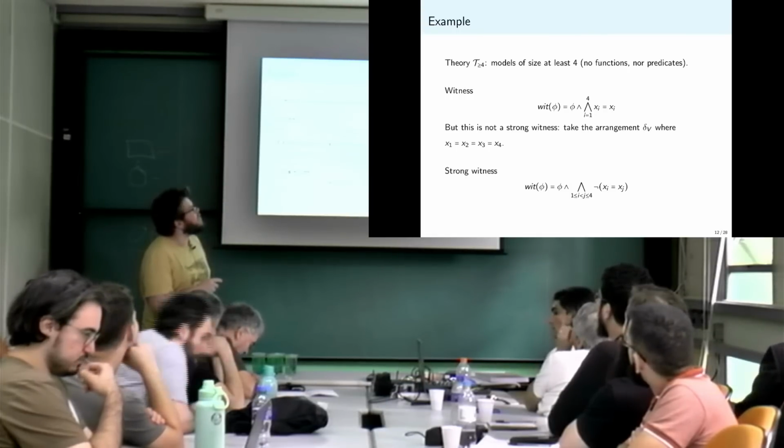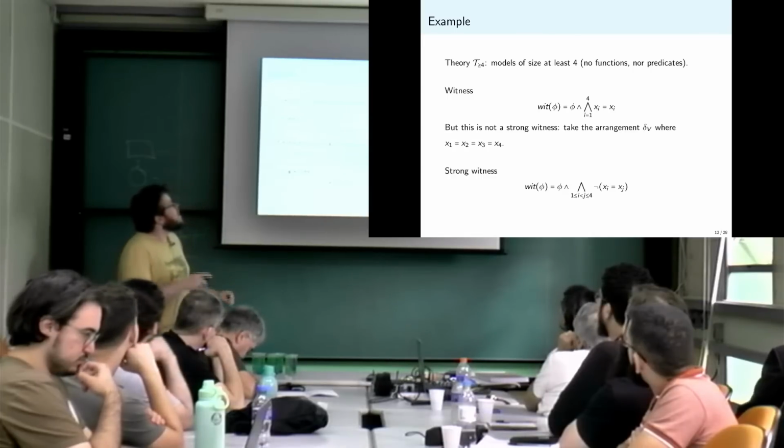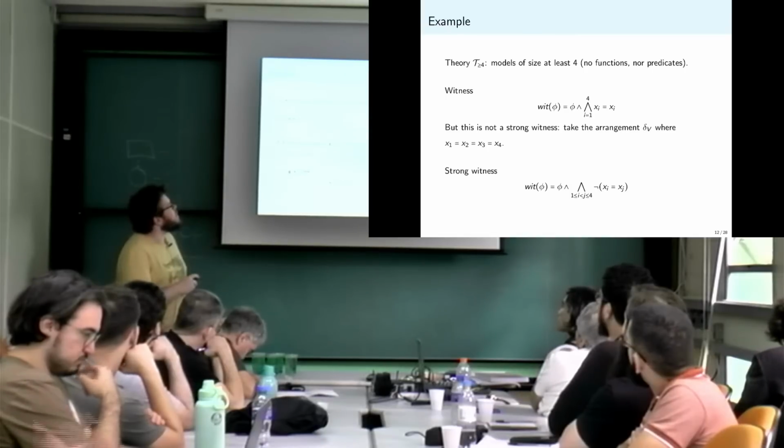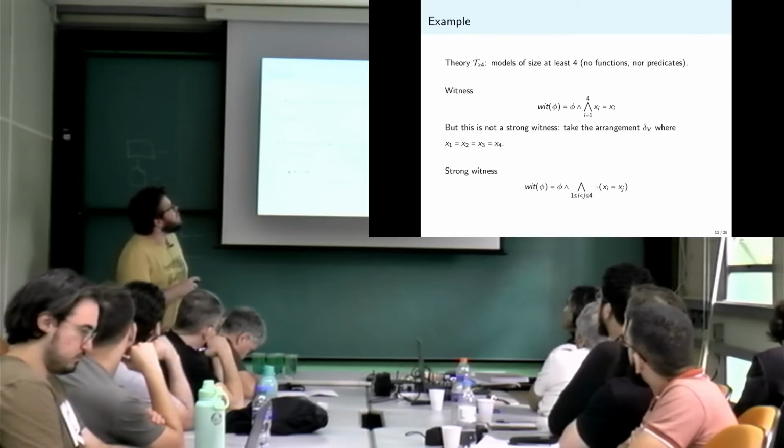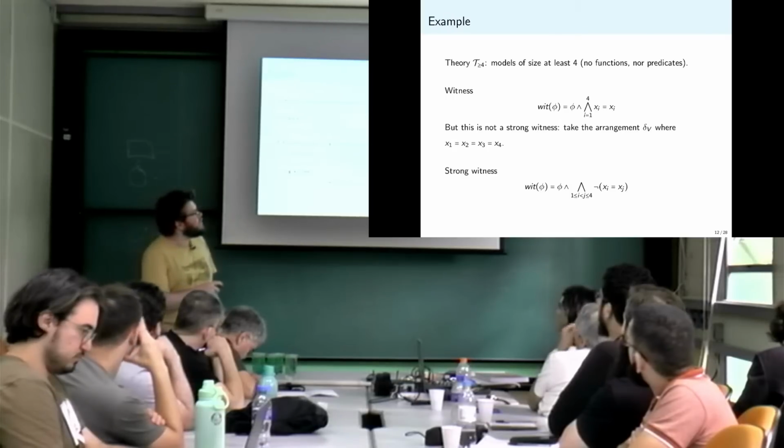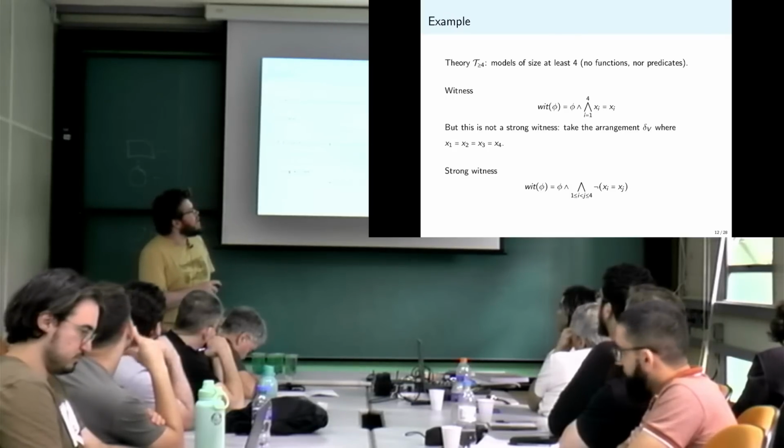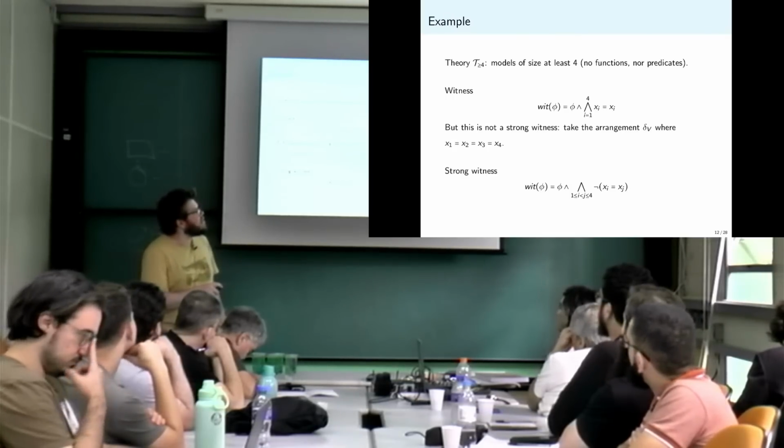These are fresh variables, by the way. But this is not strong witnessability, because I can take the arrangement that ruins everything by making the new variables all the same. I can fix that with strong witnessability, which requires that the elements are different.